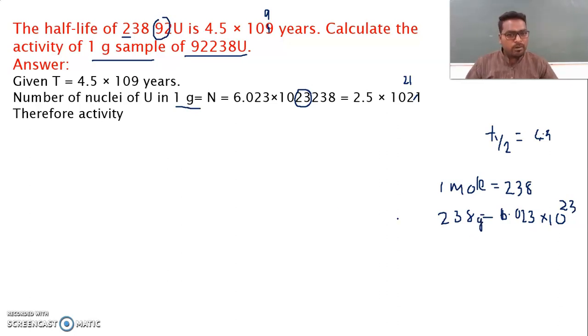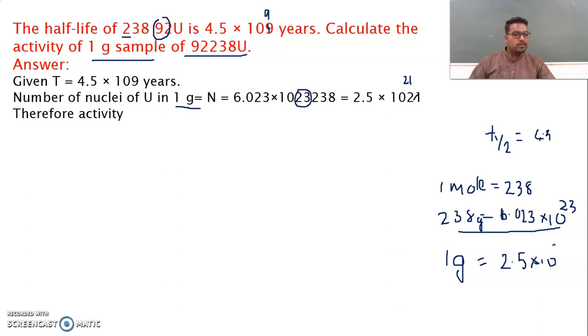Now in the problem he has given 1 gram. If 238 gram contains 1 Avogadro number, then what about 1 gram? It can be calculated as 6.023 divided by 238 into 1. If you do this, finally you will get 2.5 times 10 to the power of 21. This is the number of uranium atoms present in 1 gram of uranium.